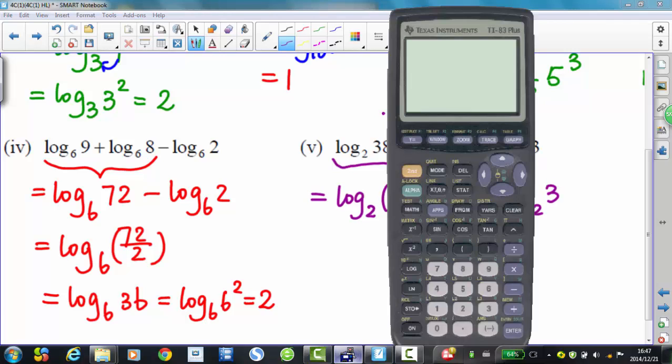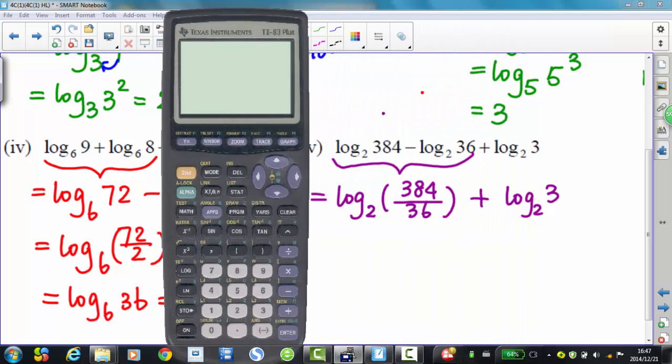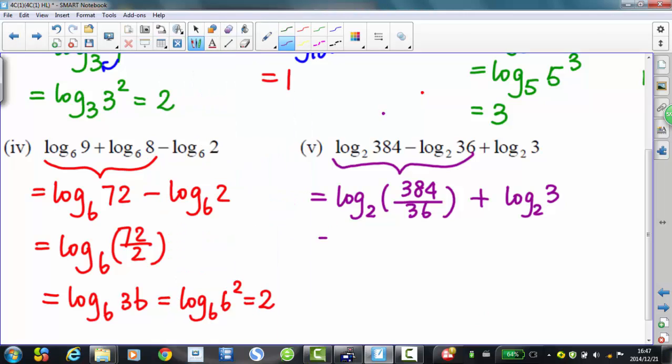And if you use the calculator, you will see 384 divided by 36, the answer is not a nice number. It's a repeating decimal. But anyway, division is not a kind of urgent thing for us to do. So I will use this entire division times 2 over 3, a fraction times a fraction.